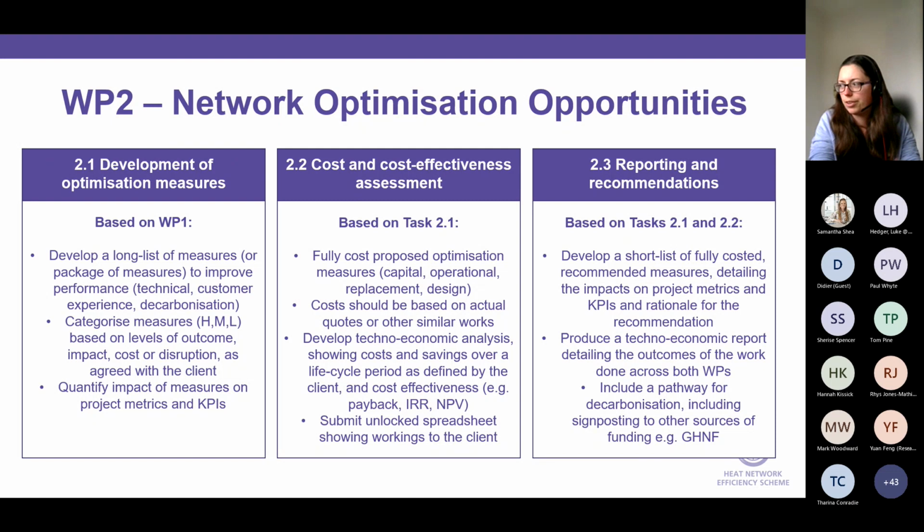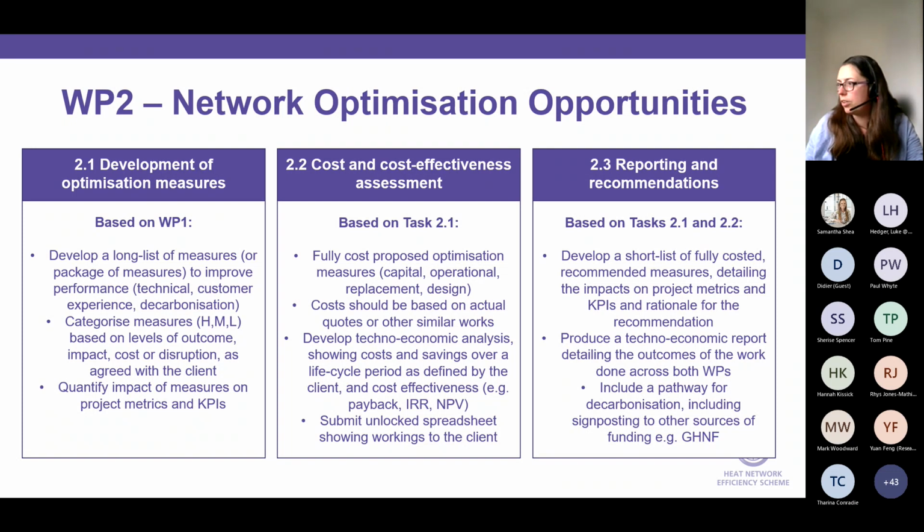And we would then produce a techno-economic report, which covers both work package 1 and work package 2. And again, potentially it could include a pathway for decarbonisation if that's something that the client was interested in. And again, signpost to other sources of funding, which could be an HNES capital application, or it could be a GHNF application if needs be. So that's kind of the final report that the client gets.